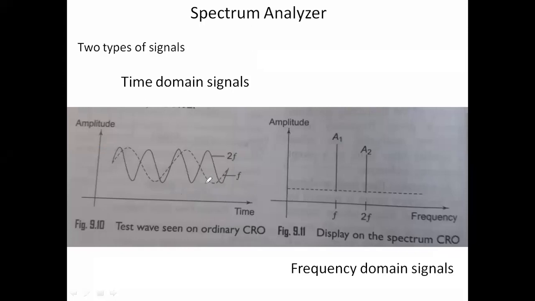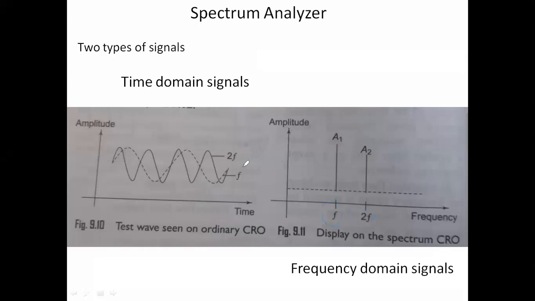To represent the different frequency signals with their amplitude and frequency, we have to go to the frequency domain display. In the frequency domain, on the x-axis we have the frequency values f, 2f, 3f, like that, and on the y-axis we have amplitude values.